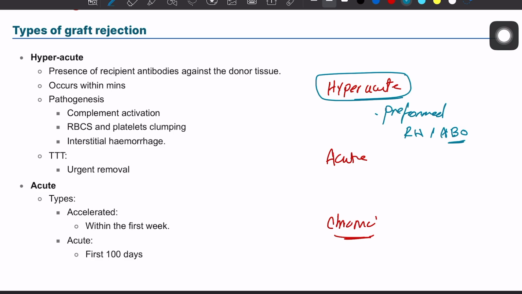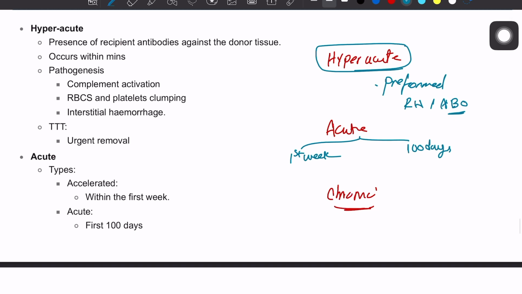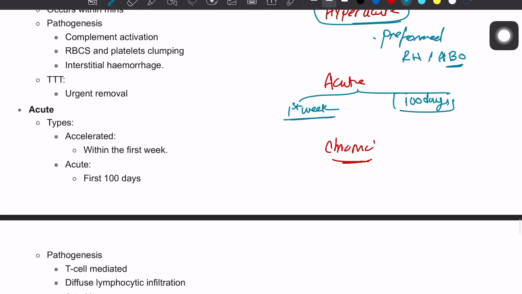In the acute type, it could happen in the first week and it could happen in the first 100 days. In the first week, it's called accelerated. In the first 100 days, it's called just acute graft rejection. It's usually T cell mediated and characterized by diffuse lymphocytic infiltration and arteritis as well.